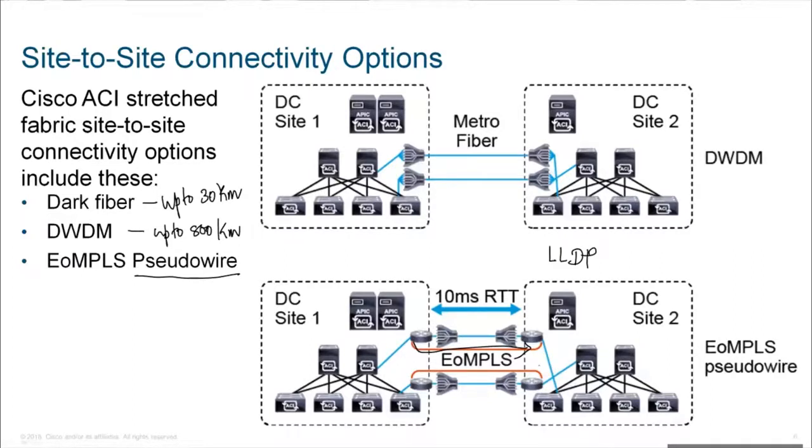So the initial transport has to support LLDP. So you can't have really basic layer 2 switches which may not transport LLDP. You've got LLDP with vendor TLVs in there. So there it shows you the pseudo wire, and of course, the maximum round trip timer supported is 10 milliseconds.